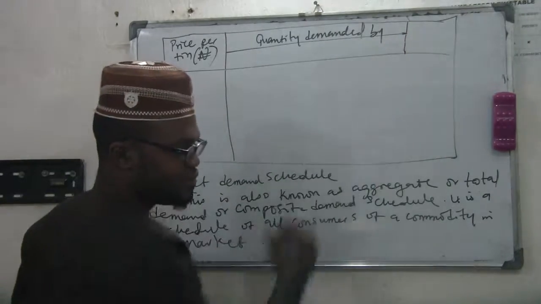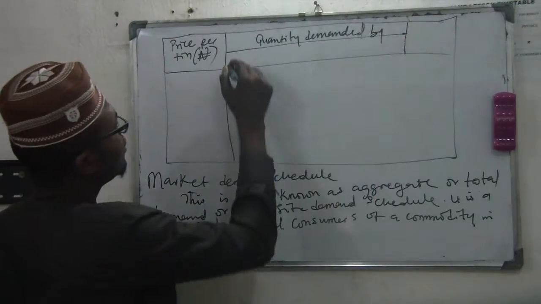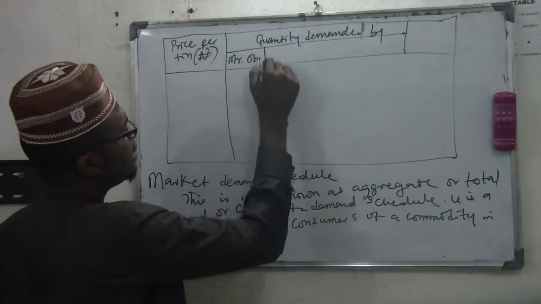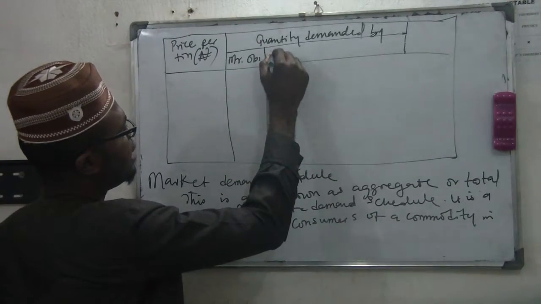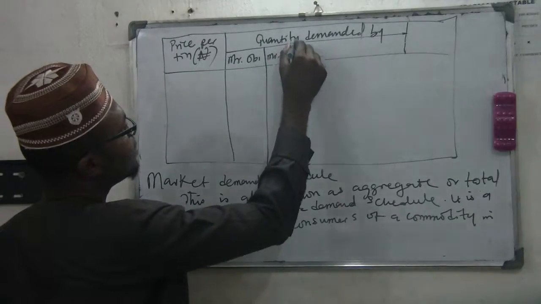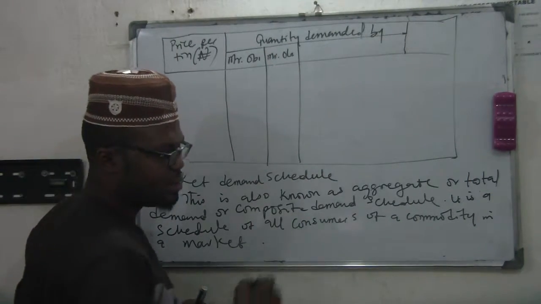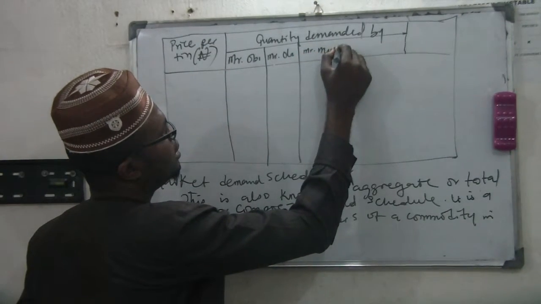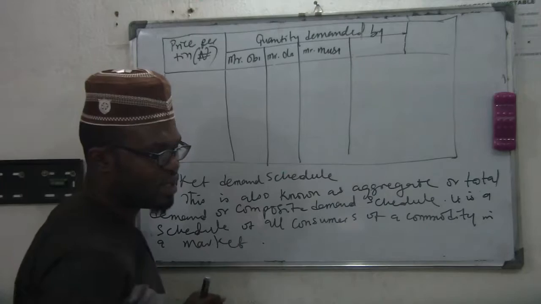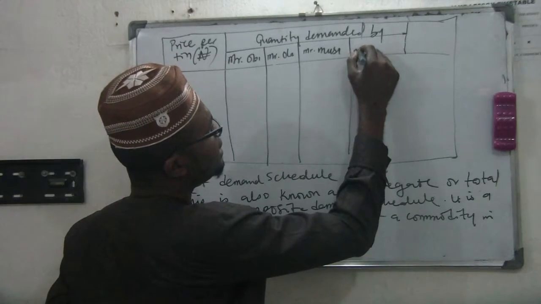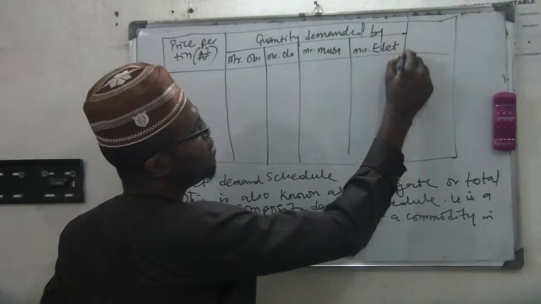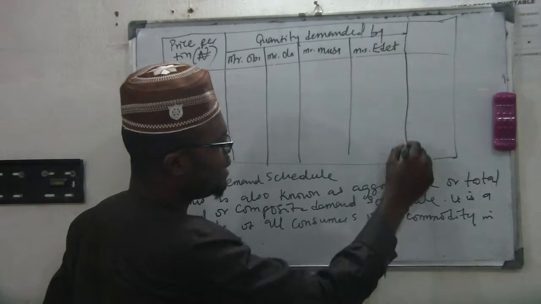So you can have Mr. Obi, the quantity demanded by Mr. Obi; Mr. Ola, the quantity demanded by Mr. Ola; Mr. Musa, the quantity demanded by Mr. Musa; Mrs. Edith, the quantity demanded by Mrs. Edith.